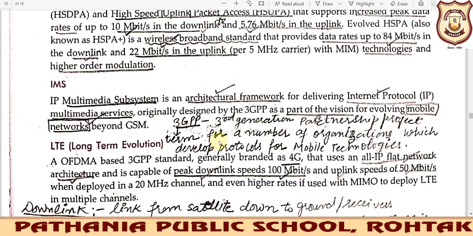Okay, it is a standards organization that is developing protocols for mobile technologies. Okay, how the mobile will work, what protocols will be used for it, that is the standard.